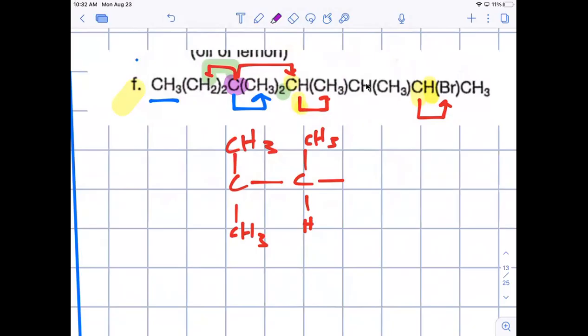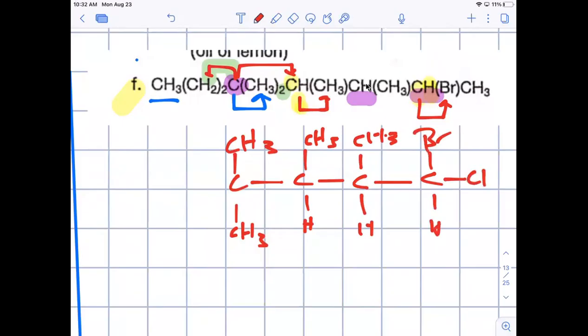All right. So now next to that is another CH, which is right here with a CH3 attached. And then next to that, same thing, a CH, down there with a Br attached. And then a CH, we'll draw it out, with a CH3 on the end.